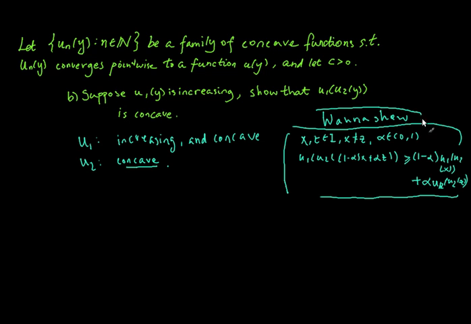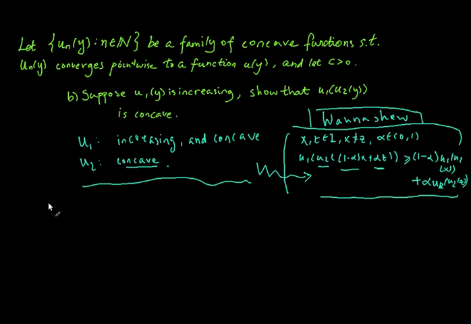So it would be really nice if we were able to use some of what was over here to show some of what is over here. So over here we've got something with u2 and a 1 minus alpha times x and an alpha times z. And over here we've got something with u2 as well. So we might as well just start off by writing up what we know about u2.